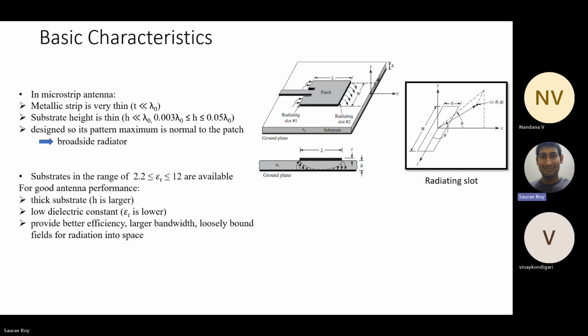Now let's see how the microstrip antenna looks. We'll start the discussion on the rectangular microstrip antenna. On the right side, I suppose you can see it. It shows a rectangular antenna with the dimensions L cross W, where L is the length and W is the width.